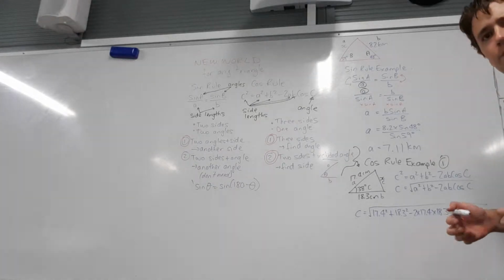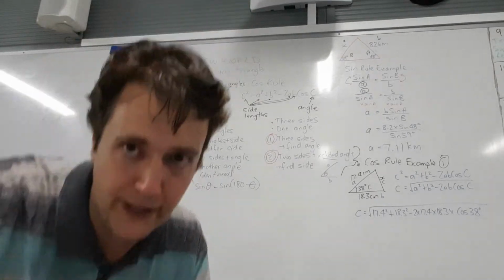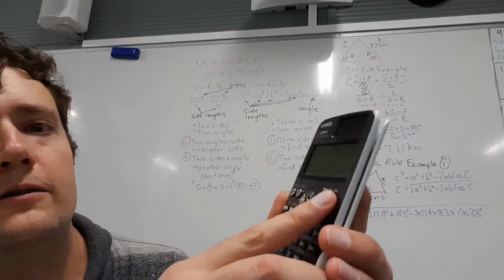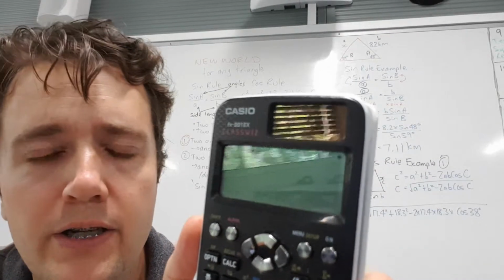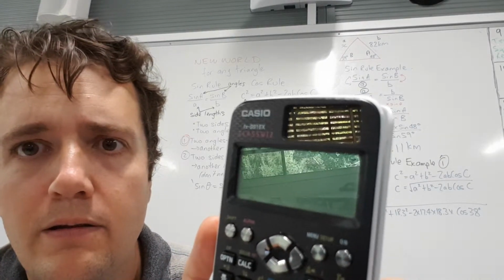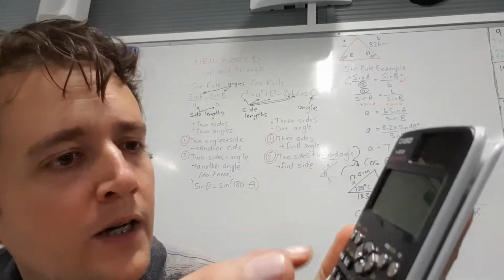Which is big C. So you're probably going to need a calculator for that one. So let's get our beloved calculator, surely one of the best inventions of the last 60 years, the personal handheld calculator.